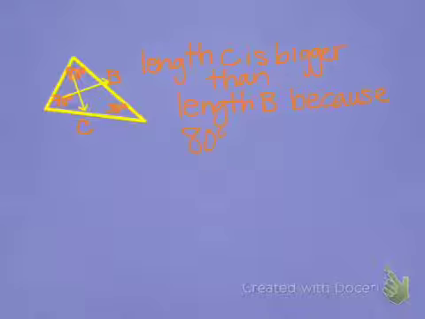If you have a triangle where one of the angles is 80 degrees and another angle is 70 degrees, we know that the side opposite the 80-degree angle is going to be longer than the side opposite the 70-degree angle. Length C is bigger than length B because 80 is bigger than 70. The length of a side always corresponds to the opposite angle.